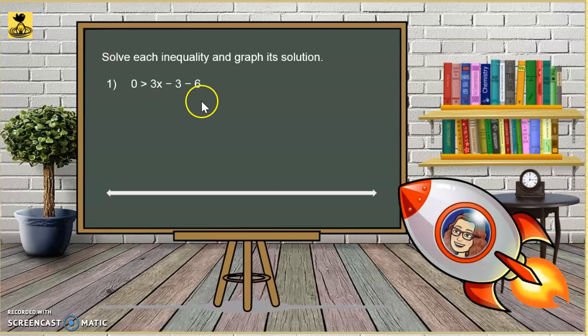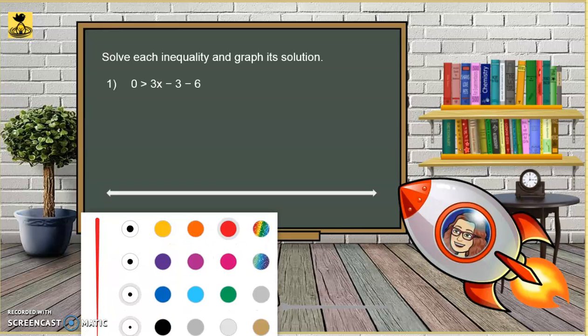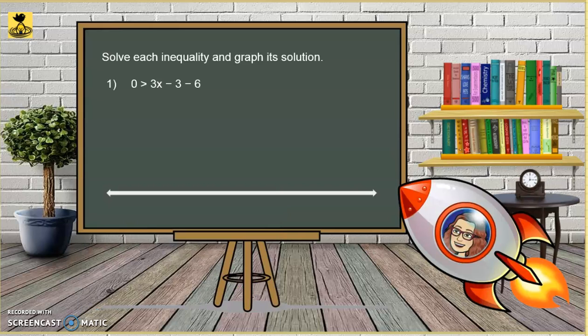Okay, now let's start. On the right side, we can see that there are two constants here, the negative 3 and negative 6. So we can combine them. We'll just copy 0 for now, and then is greater than 3x.